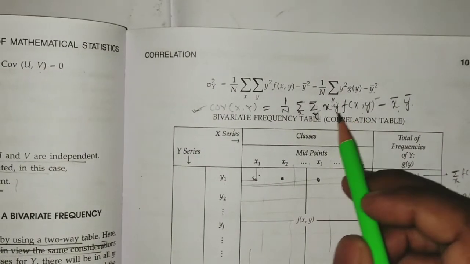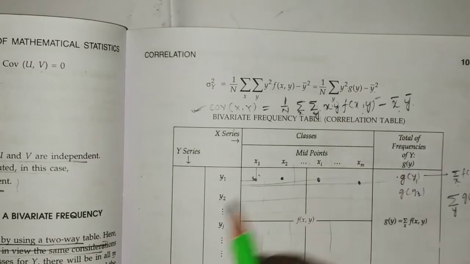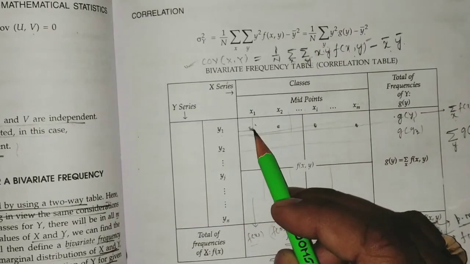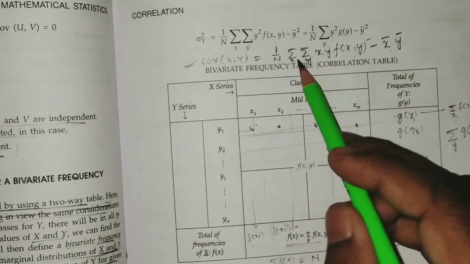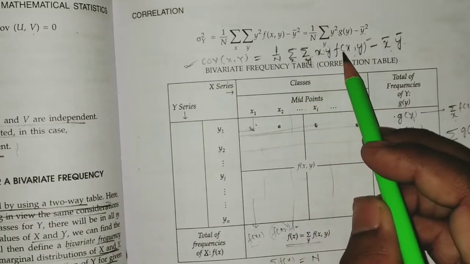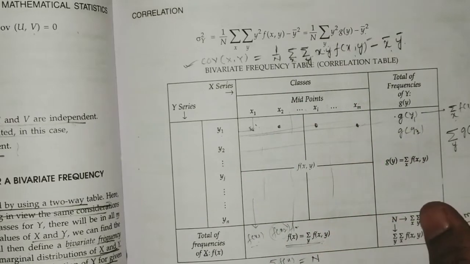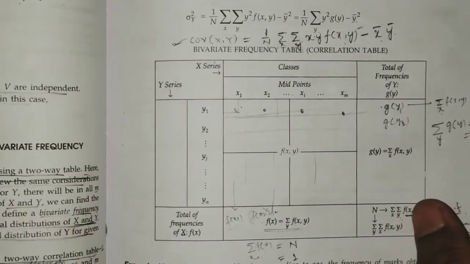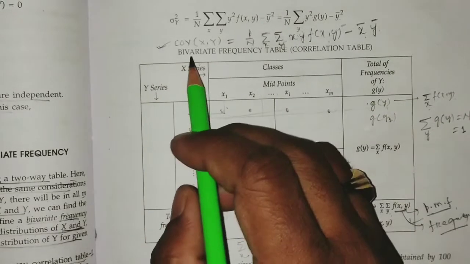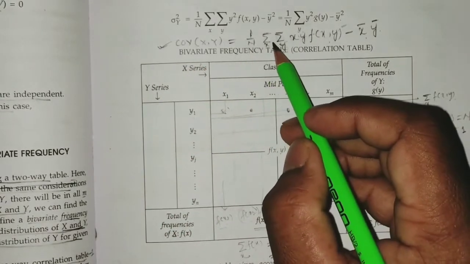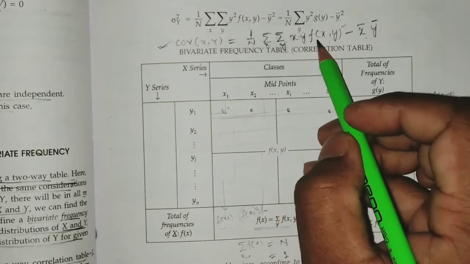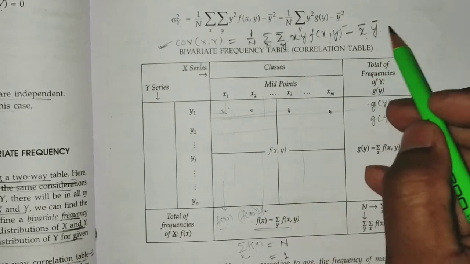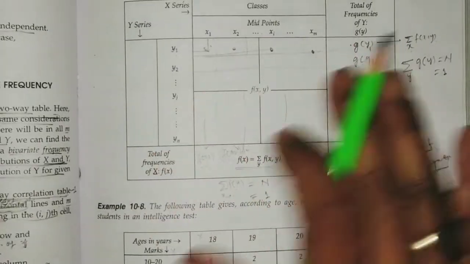So xy is the point, and for each and every point xy we have to write the corresponding frequency in this way whenever we have frequency distribution data. So covariance xy will be 1 by n summation over x, summation over y of x y f xy minus x bar y bar. Okay, so this is all about this general table whatever we discussed.